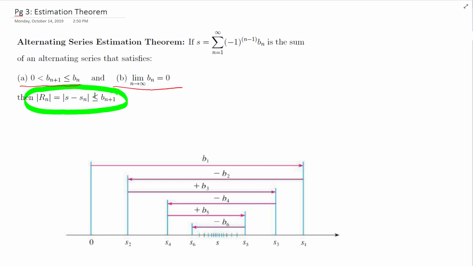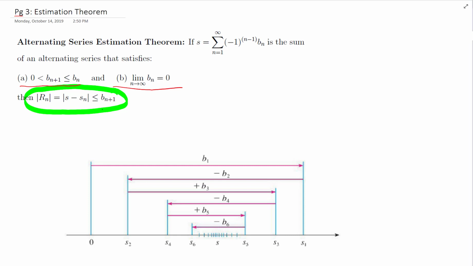You know that the absolute value of R sub n, in other words, the absolute value of the error, we don't care if this extra bit is more or less. We just say, okay, absolute value of that. By definition, that absolute value of the error is equal to the absolute value of S minus S sub n. And we find that that is less than or equal to b sub n plus 1.